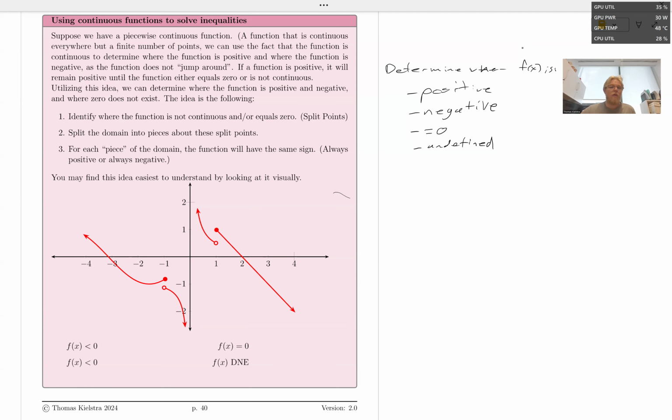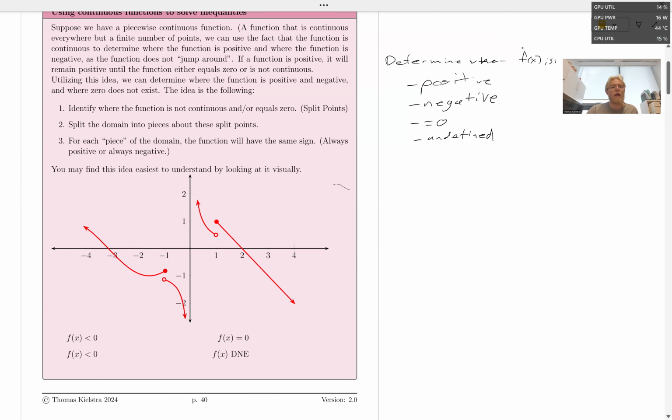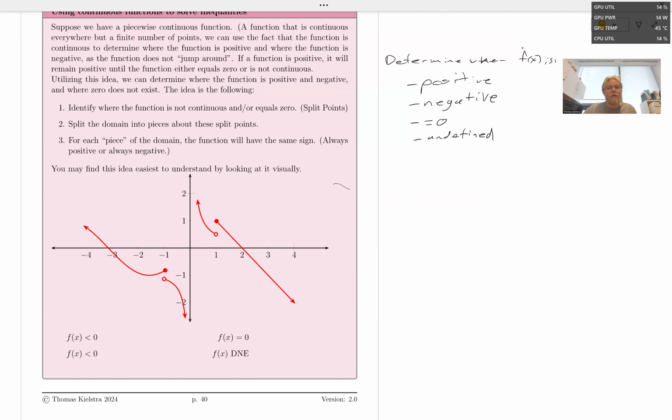Okay? And the way that we're going to do this is we're going to break it up into pieces. To identify where we break it up, we look at where the function is not continuous and or not equal to 0. And we define these as our split points. Then what we do is we split the domain into pieces.